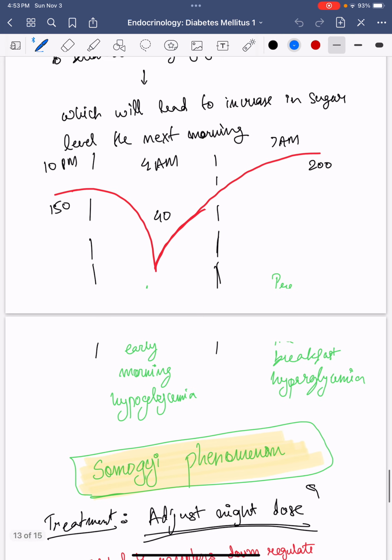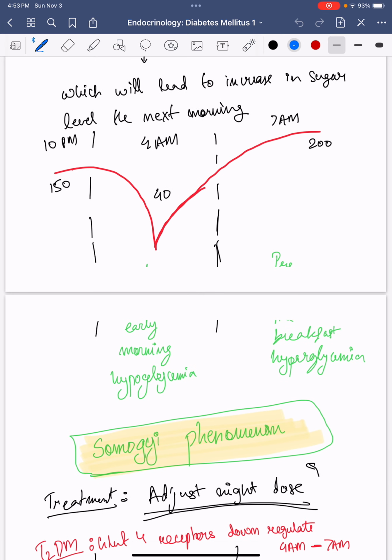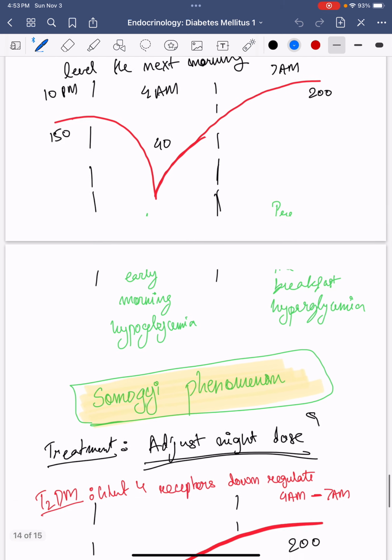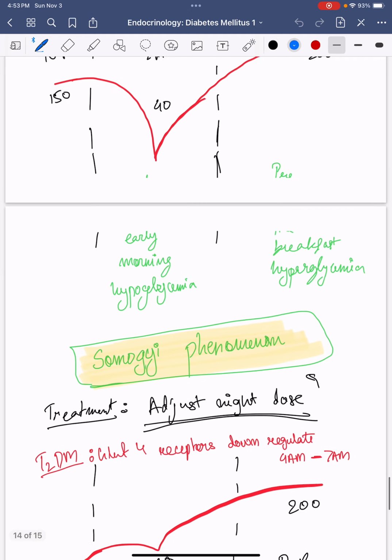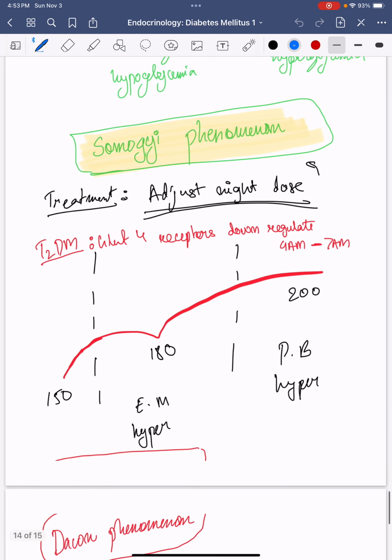Because of the hypoglycemia, the body will be producing counter regulatory hormones. So in the morning at 7 a.m. his blood glucose will climb to 200 milligram percent, and this is called pre-breakfast hyperglycemia, and this is the Somogyi phenomenon. The treatment for this should be adjustment of the night dose of insulin for the patient.